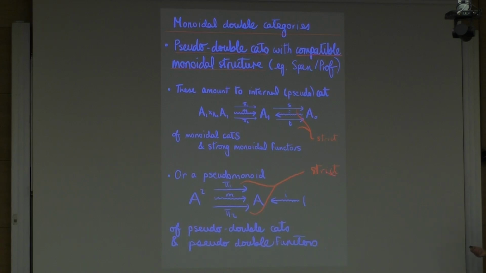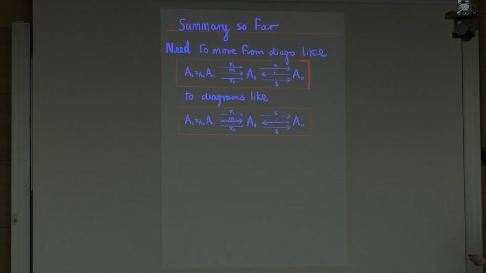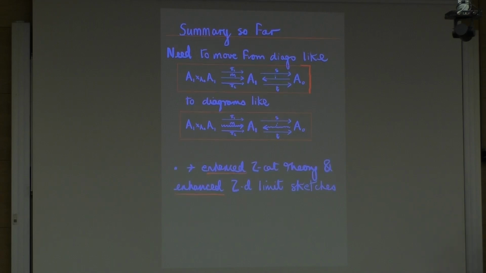So the summary so far is that what this is telling us is that we need to move from diagrams like this to diagrams like this. Okay? And that's the idea of moving away from, so a diagram like this lives in a 2-category if we had the pseudo-double category version, because then things would only commute up to invertible 2-cells.